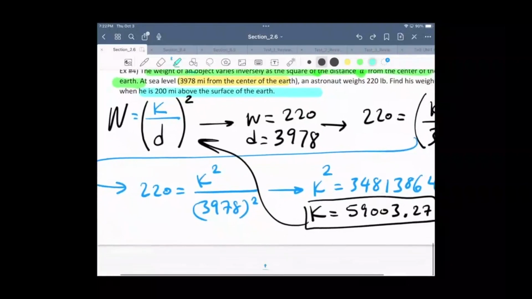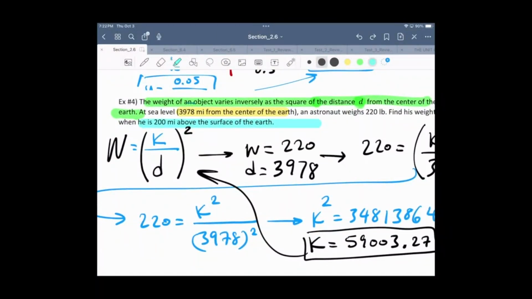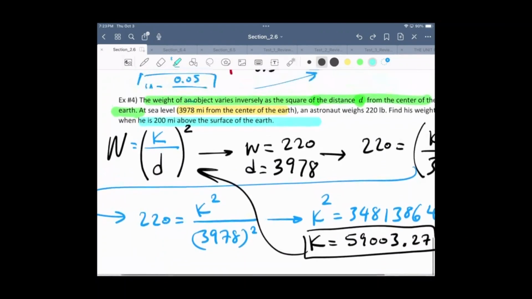Think about what in this formula that would affect, right? Because now we're looking for this piece. We don't know how much he weighs at 200 miles above the surface of the Earth, so we're going to look for that. So it will affect the distance, won't it, right? You agree? I hope you agree with that.